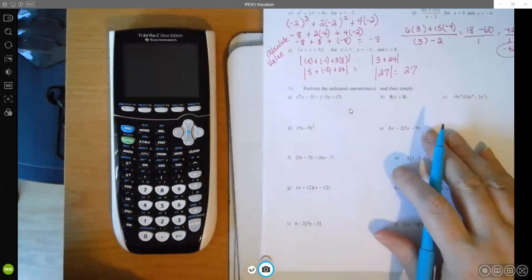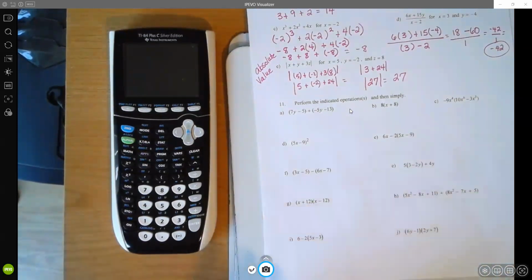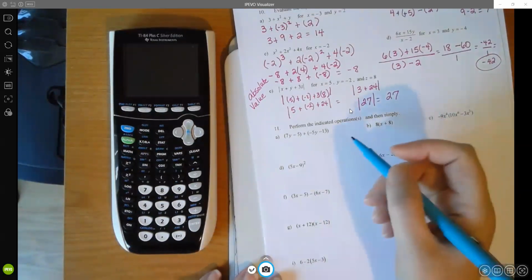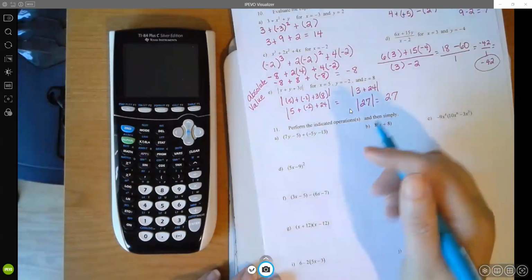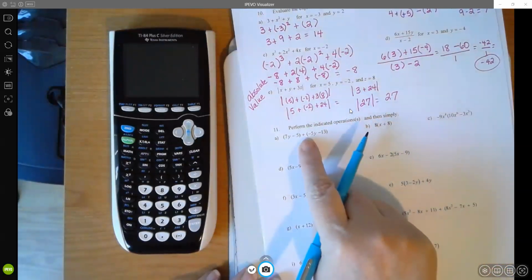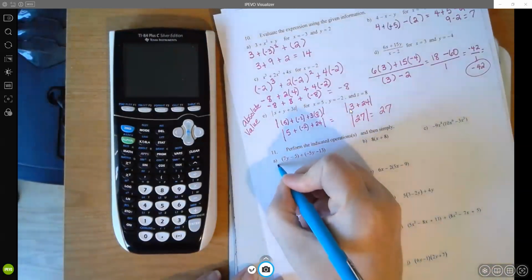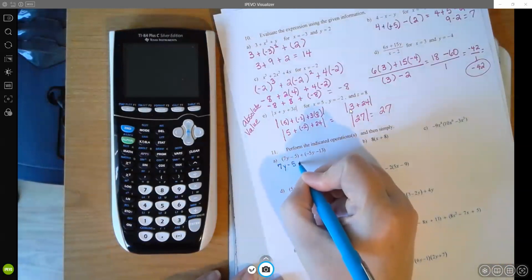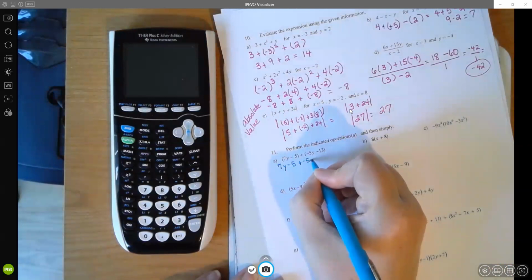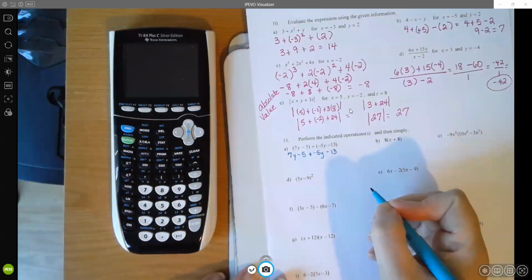So let's look at the first one here, and it is 7y minus 5 plus, in parentheses, negative 5y minus 13. Remember with an addition that does not change any signs, so you can either go on and add, or you can rewrite it dropping your parentheses, which is what I'm going to do for emphasis.